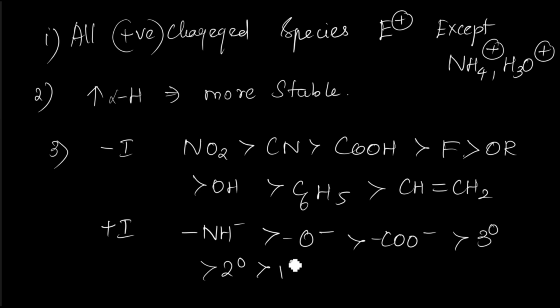Otherwise, you can say the normal electron withdrawing series and electron donating series, but in case of inductive effect that is a bit different, isn't it? So here you can see the difference. Mostly for inductive effect, these 3 points, tertiary, secondary, primary, are very, very, very important. And in case of minus inductive, nitro, cyano, and alkyl groups are very important.